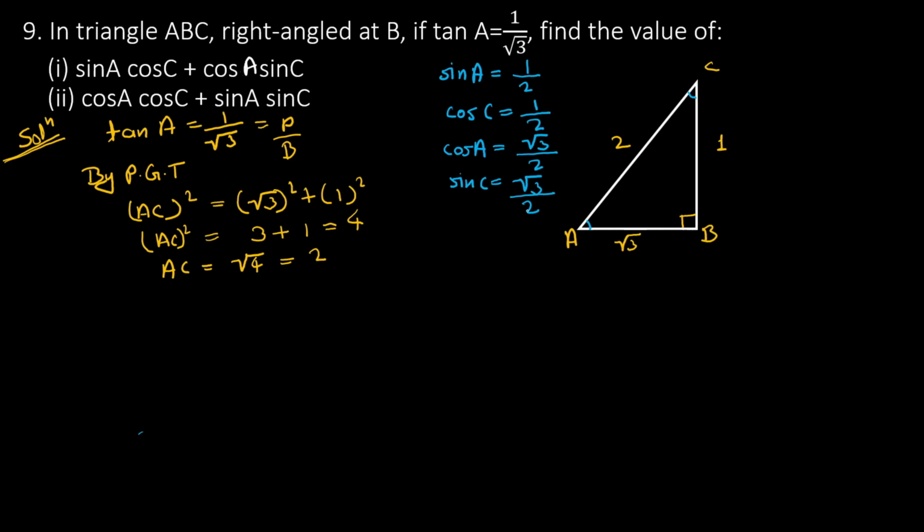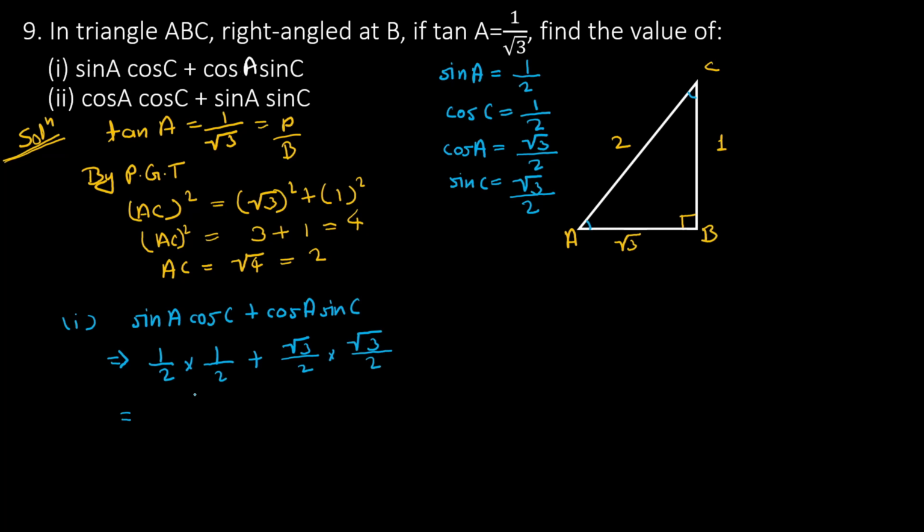Now we will find the first one: sin A cos C plus cos A sin C. So what is the value of sin A? Sin A is 1 by 2 into cos C, which is 1 by 2, plus cos A, which is root 3 by 2, into sin C, which is root 3 by 2.